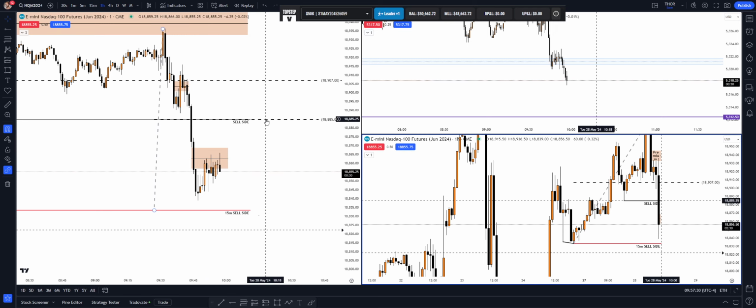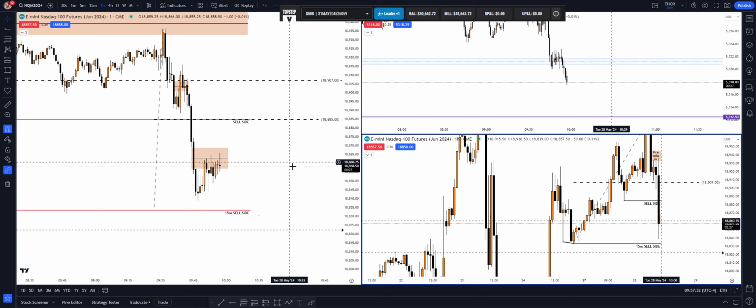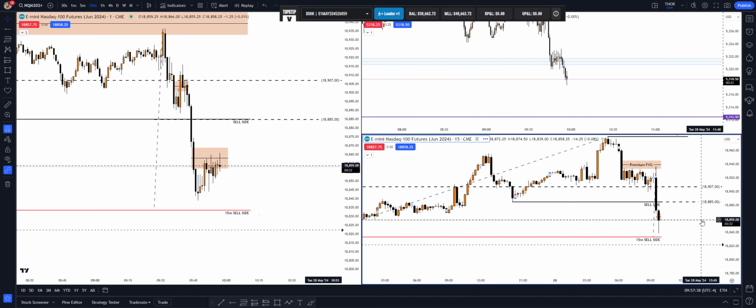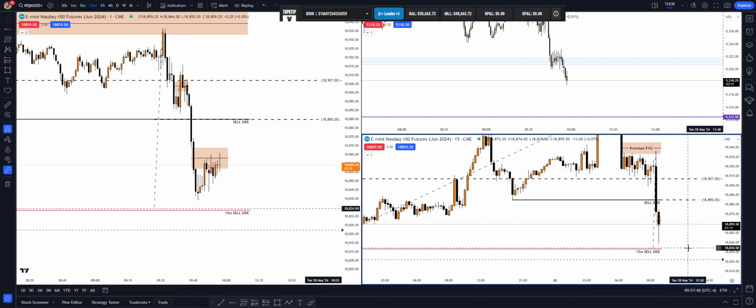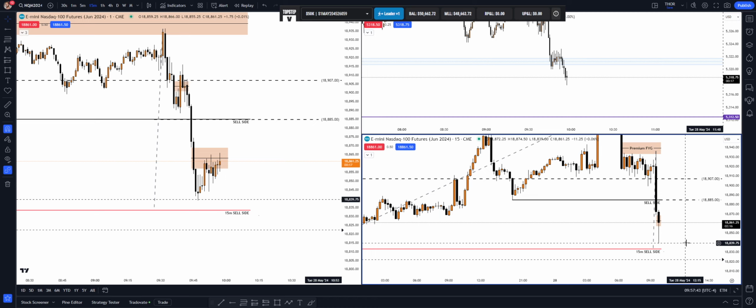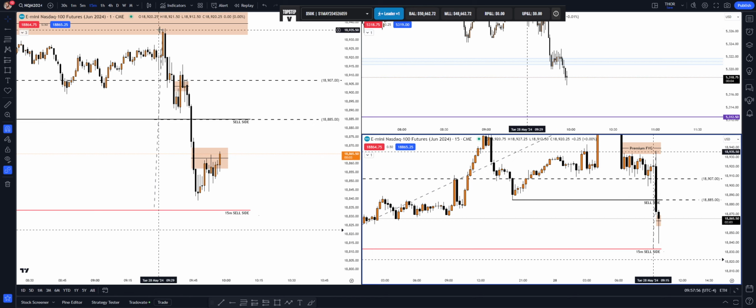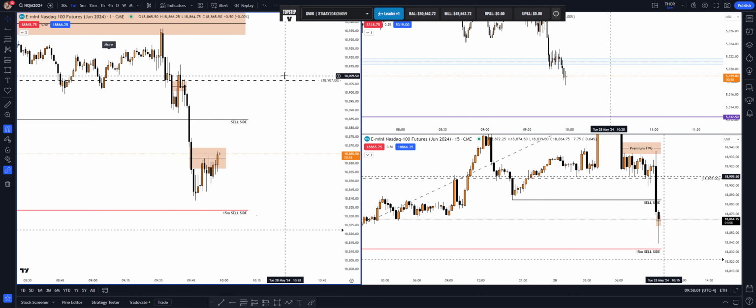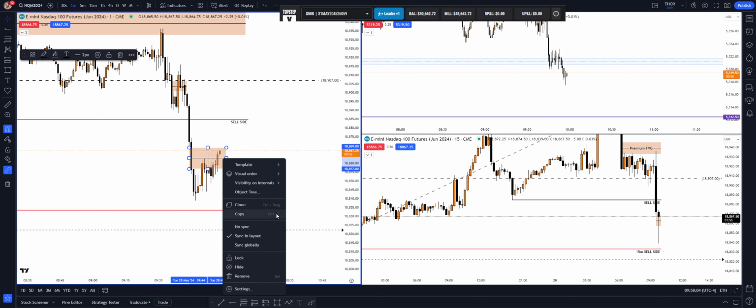That's why I'm speculating around that level. So there's an SMT divergence right now at the lows.